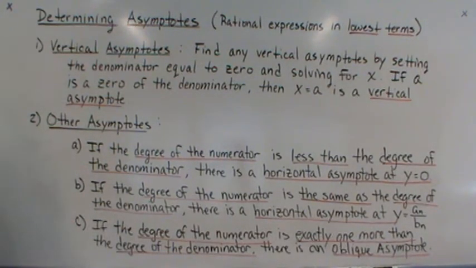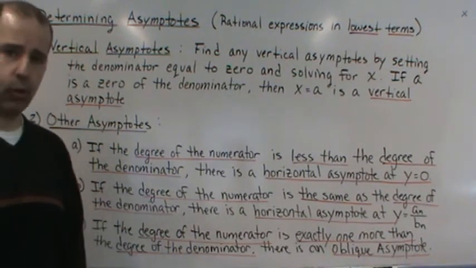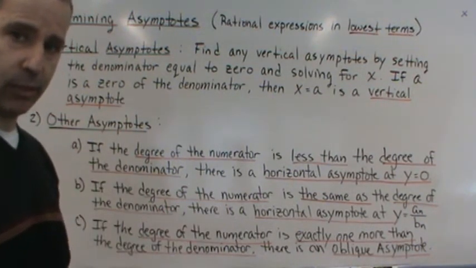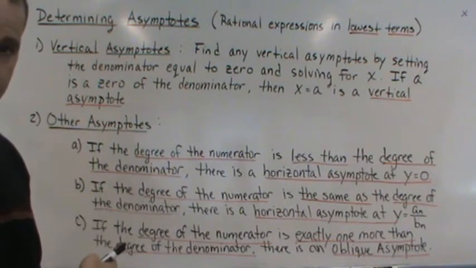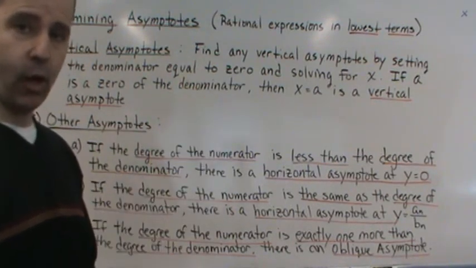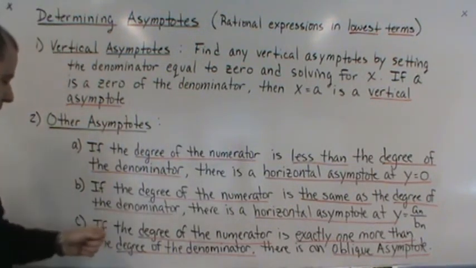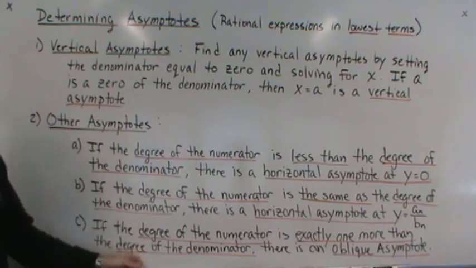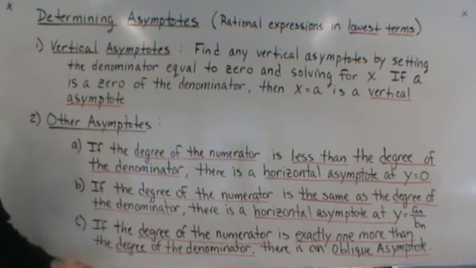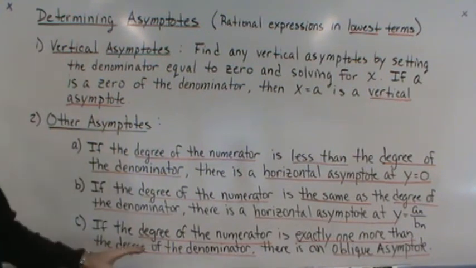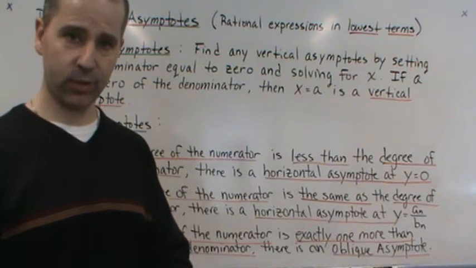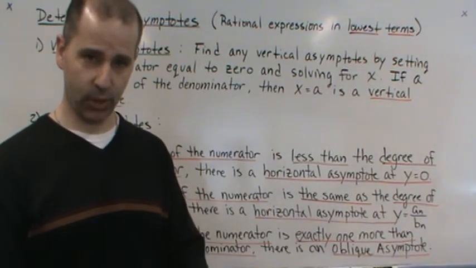Part C says, okay, we've dealt with what if the degree on the top is less than the degree of the bottom. We've also dealt with part B, where they're the same. What if the degree of the top is exactly one more than the degree of the bottom? In this case, you have an oblique asymptote, or what we call a slanted asymptote.